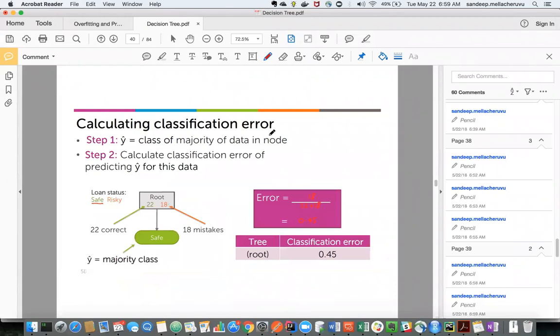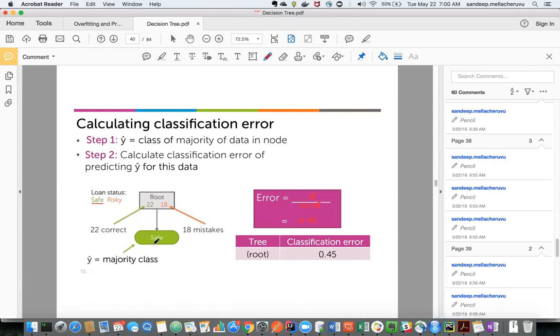Now that's what the calculation is here. What about the root node? How many mistakes are we making? If we are getting 22 safe loans and 18 risky loans, we are going to predict the majority class, which is safe.